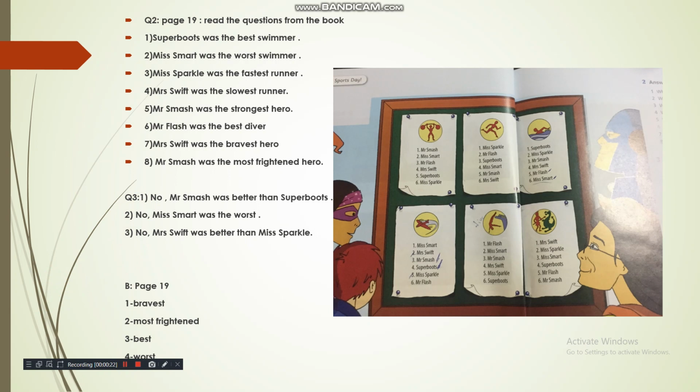In the swimming competition, was Mr. Flash worse than Mrs. Smart? No, Mrs. Smart was the worst. 3. In the flying competition, was Mrs. Sparkle as good as Mrs. Swift? No, Mrs. Swift was better than Mrs. Sparkle.